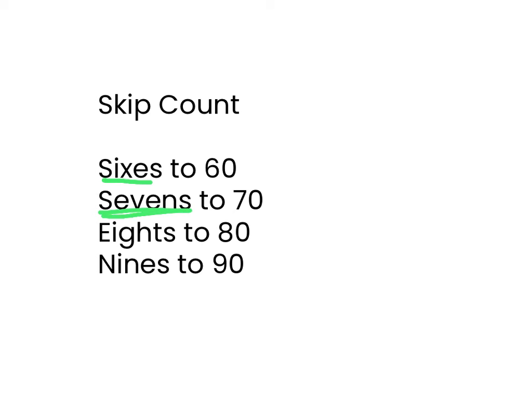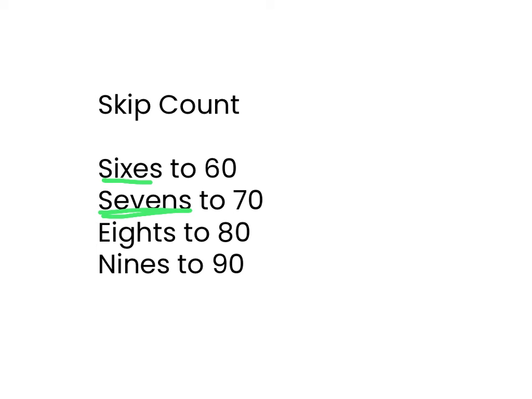Let's do 7s up to 70. So we're going to do our multiples of 7. Remember that as you're counting by 7 or counting by 6 or counting by whatever number, you're actually naming multiples of that number. So we're going to name multiples of 7 up to 70. So here we go. 7, 14, 21, 28, 35, 42, 49, 56, 63, 70.